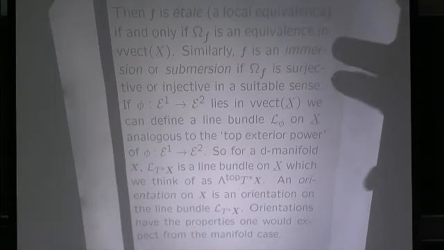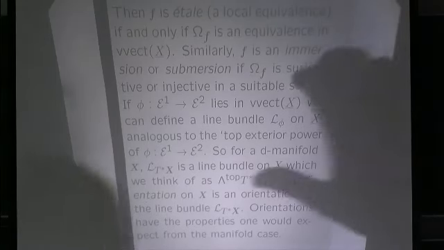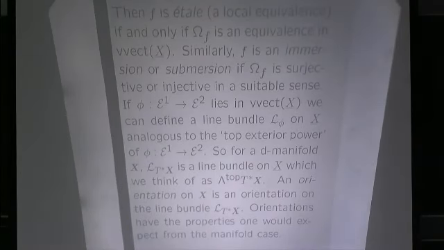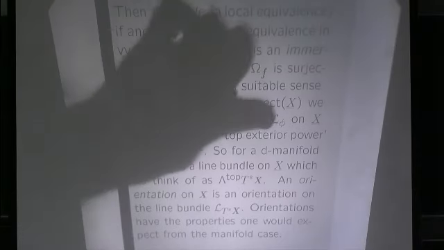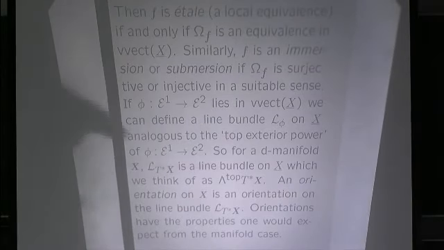So you can characterize immersions or submersions by this morphism on virtual vector bundles being injective or surjective in a suitable sense. For virtual vector bundles, you can define a line bundle on X, which is in some sense the top exterior power of this virtual vector bundle.